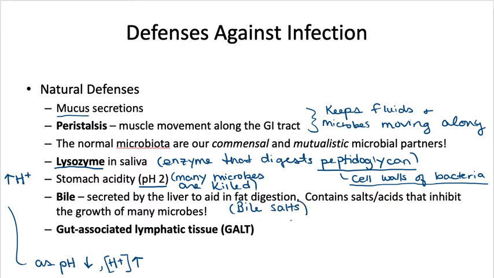And so many organisms or enteric species are inhibited by bile salts. In fact, you have used bile salts in some of your selective media in the lab to help identify different types of the gram-positive cocci. And then there's lymphatic tissue surrounding the gut, called gut-associated lymphatic tissue, which is called GALT.